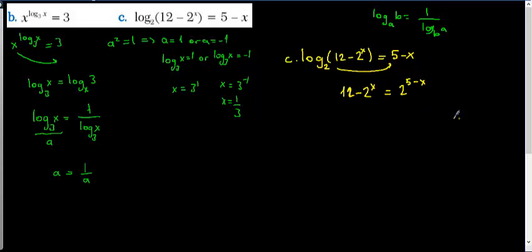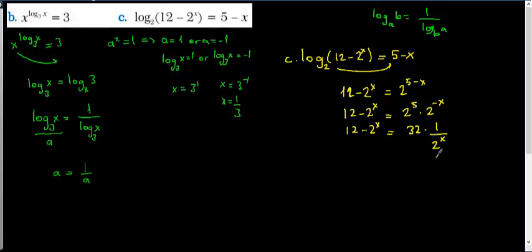Here it's going to be in this form: 12 minus 2 to the power of x is equal to 2 to the power of 5 times 2 to the power of minus x. 2 to the power of 5 is equal to 32, so 32 times 1 over 2 to the power of x.